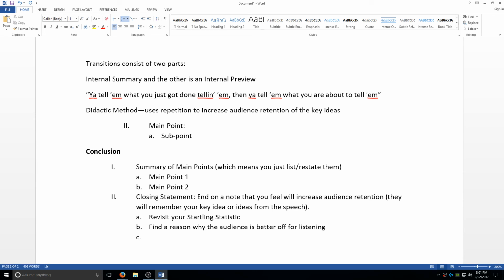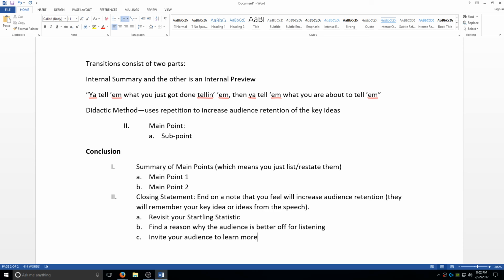Another method is to invite your audience to learn more. Now this is different from telling your audience to learn more, and this might be a little bit difficult to explain.